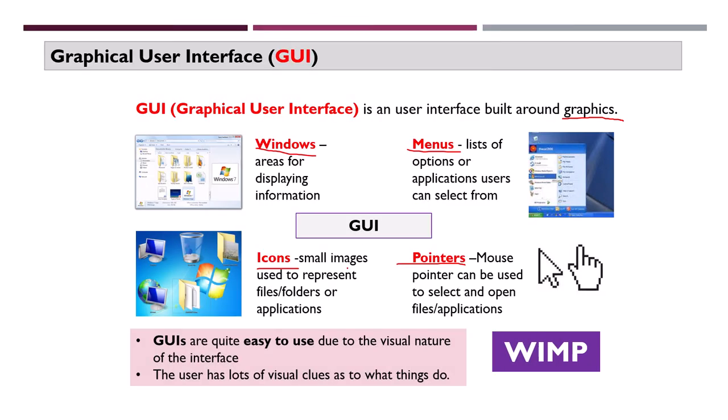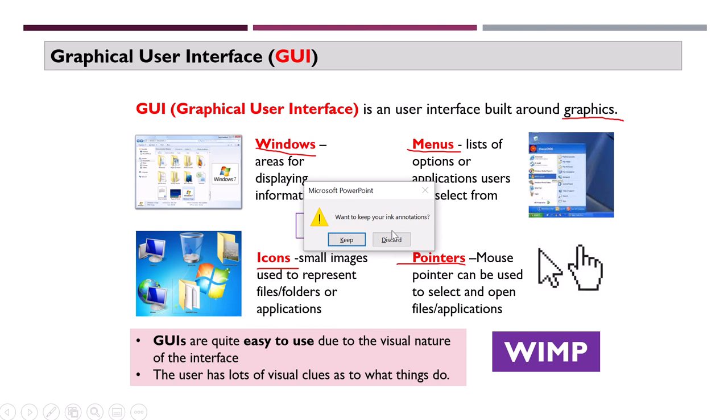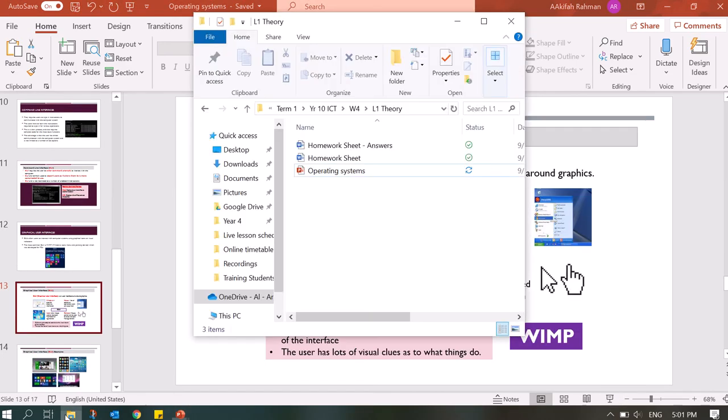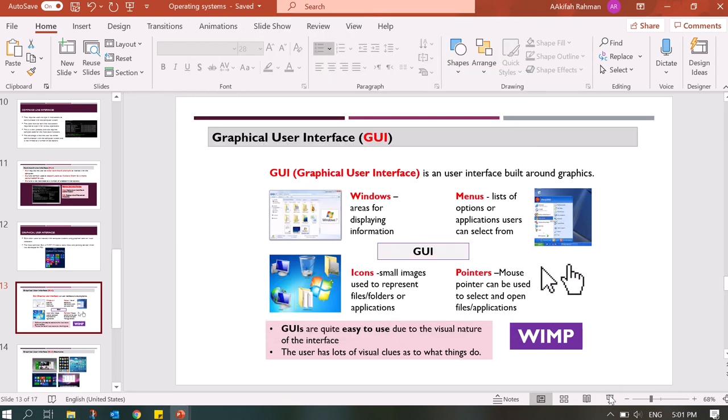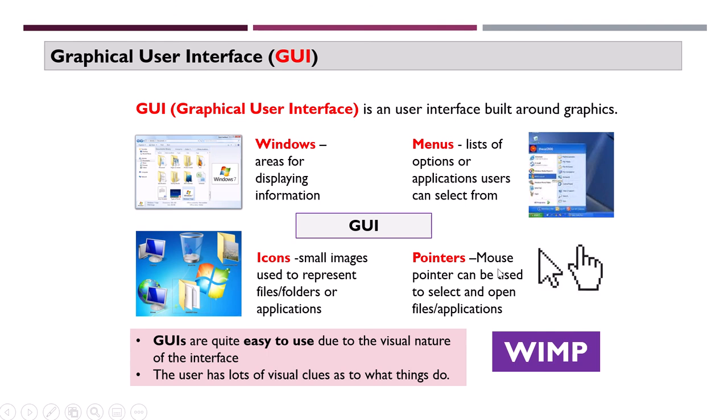Icons are the small images which represent some files, folders or applications. So for example, in your window here, you have so many icons. These are all icons. And what is a pointer? The pointer is your mouse pointer, what you see on my screen that I'm moving around.